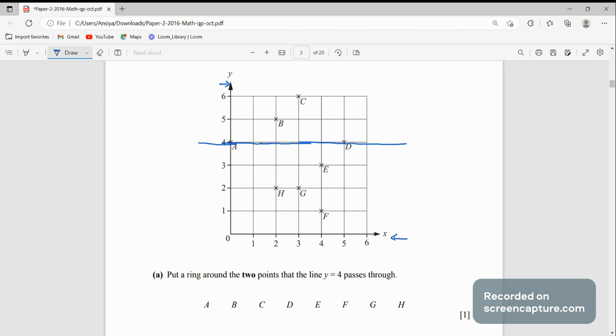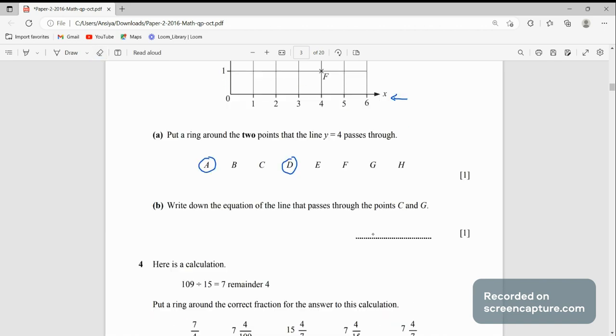This is the line y equals 4, where the value of y will always be 4. So the question is, put a ring around 2 points that the line y equals 4 passes through. We can see the point A and the point D. So A and D pass through y equals 4. For solving this, you should know what the y equals 4 line is and where it lies. Otherwise, it's a simple question.